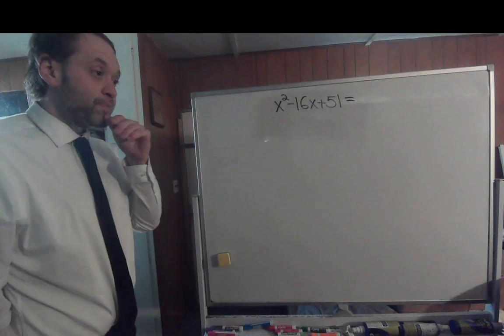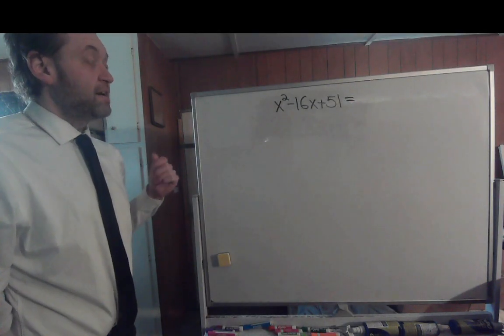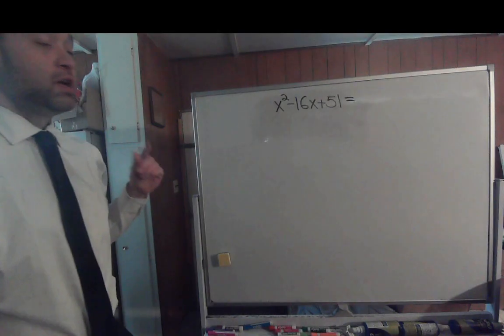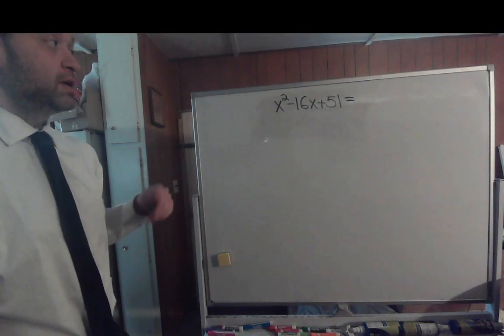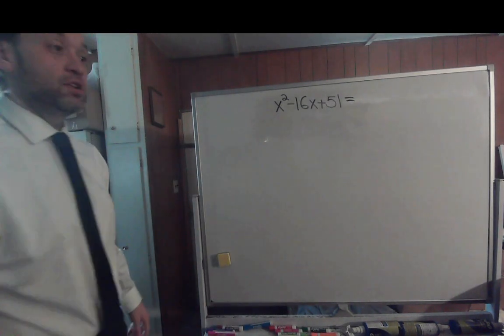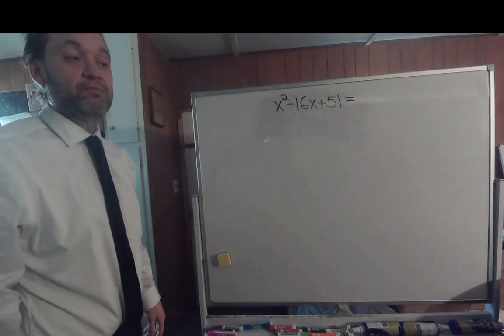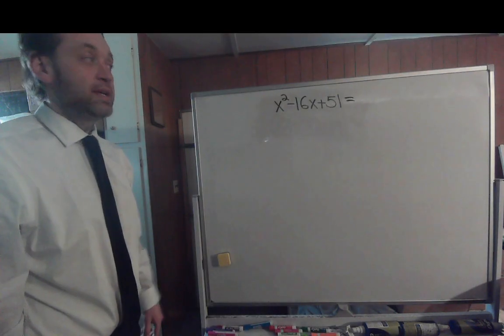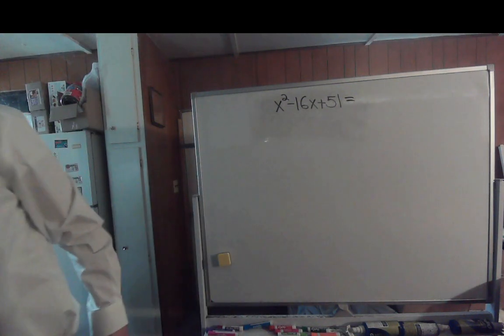Well, factors of 51 are going to be 1 and 51. If you take negative 1 and negative 51 and add them together, you get negative 52. That's just not going to work.